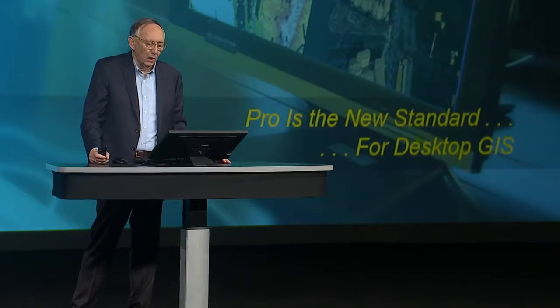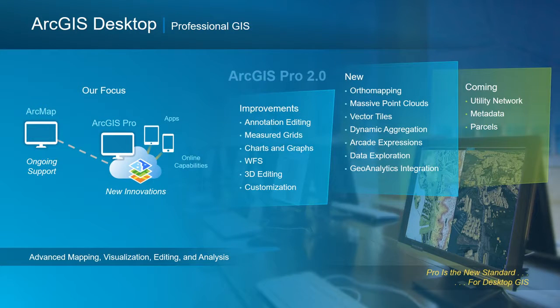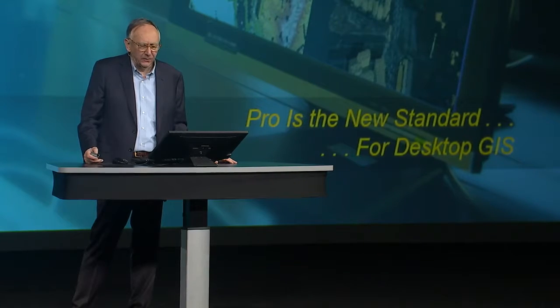And here, a large team is making improvements that you've asked us to prioritize, like annotation editing, charts and graphs, 3D editing with things like stereo, ortho mapping, massive point cloud, and on and on. You'll see some more of that in a few minutes.